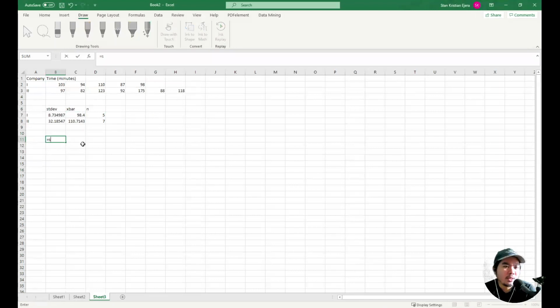And I know there is a pooled standard deviation formula. Let me just find it. We can do the calculations, and I'll also show you the manual calculations of Sp, or quote-unquote manual.